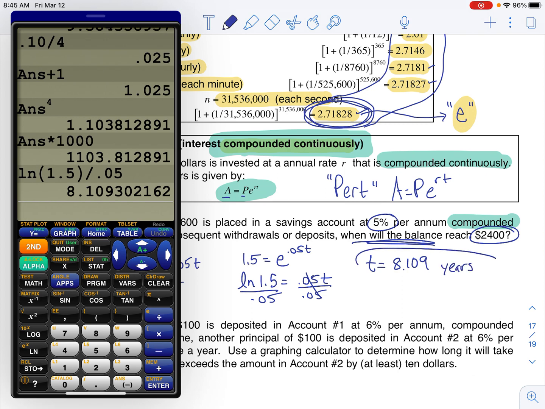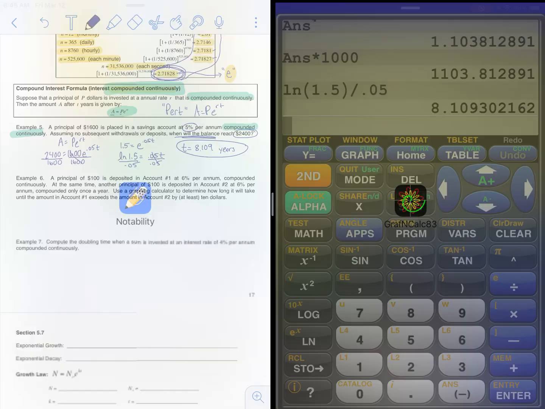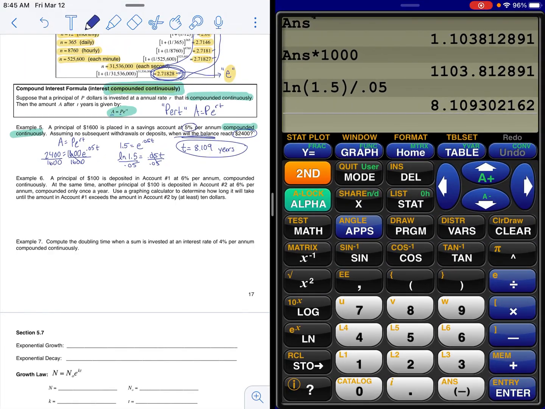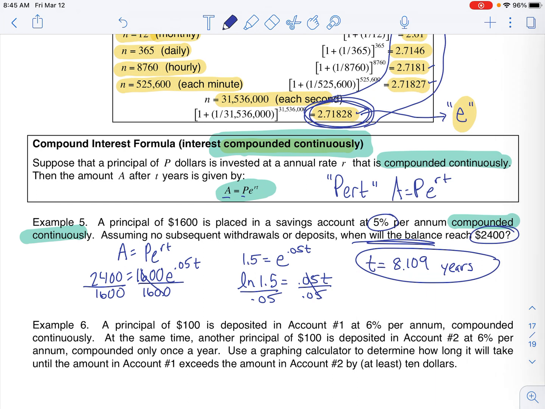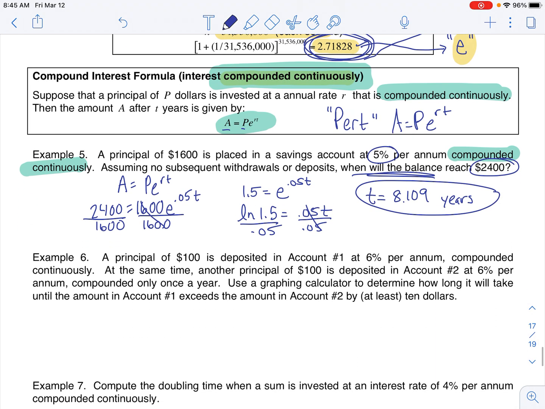Oh, how do I get rid of you now? Go away, calculator, I don't want you anymore. There it goes. Okay. It didn't tell us what to round to, so we'll just leave it, sure, 8.109. Again, if it doesn't tell you what to round, I think on your tests, I do tell you what to round to. Okay, so I'll be pretty specific on those.